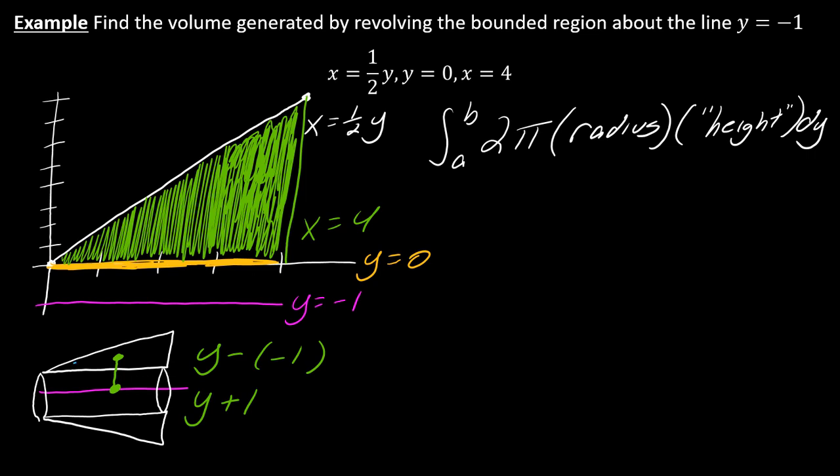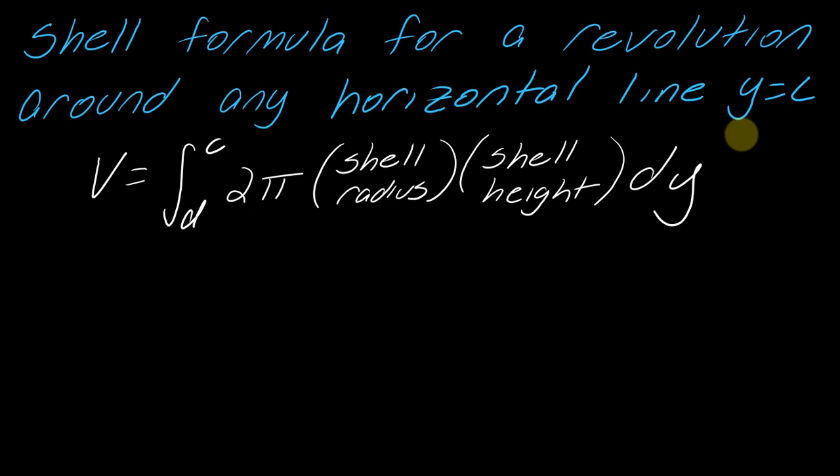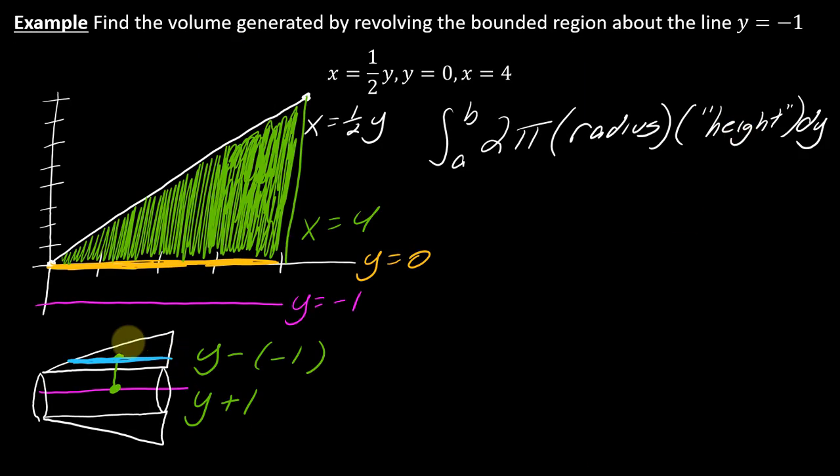And then I need to figure out the height. There are two different ways you can think about this. When I initially talked about this when we were oriented one way, I said that you figure out the shell height. Now that you are integrating in this other direction, I think there are two ways to think about it.